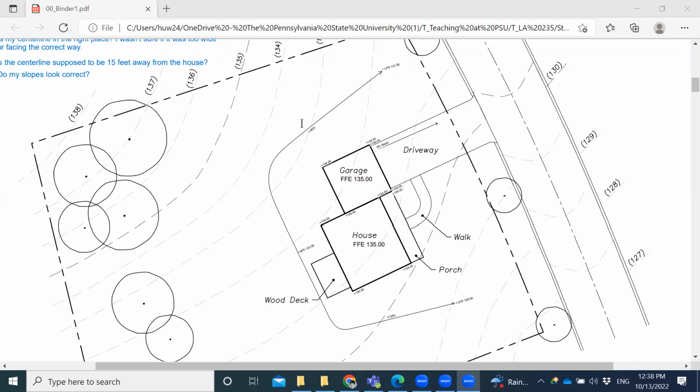Okay, so it's the same as Shelley's. I would say let's drop the garage to be 134.5. What you can do is extend this line to the drive.